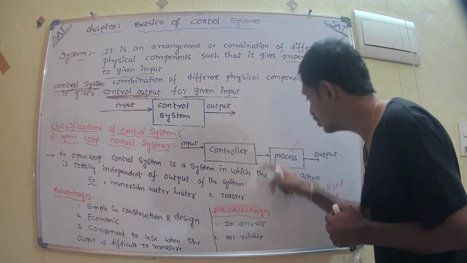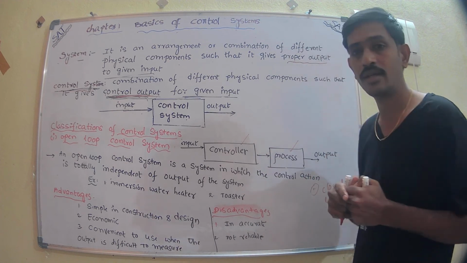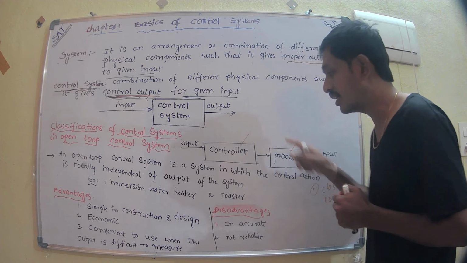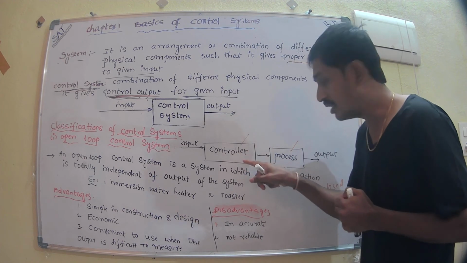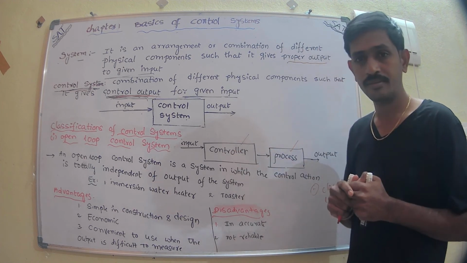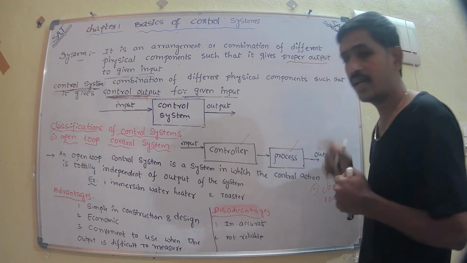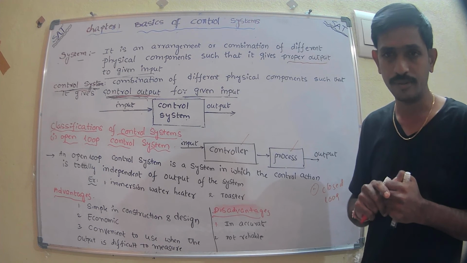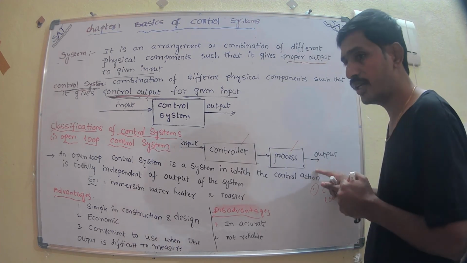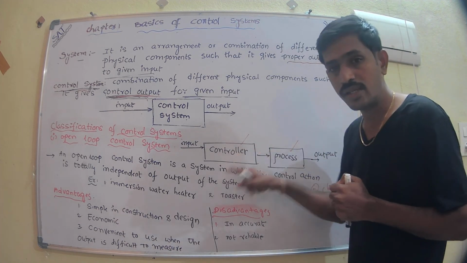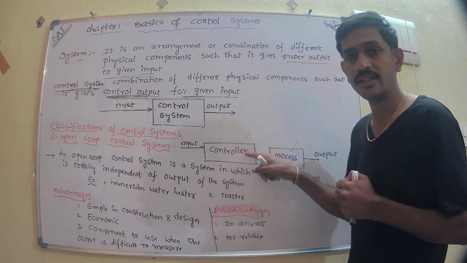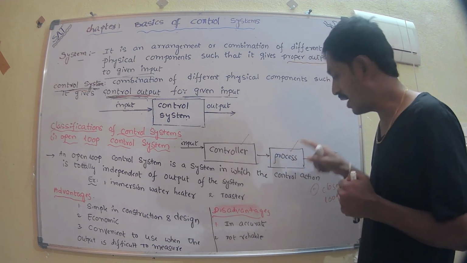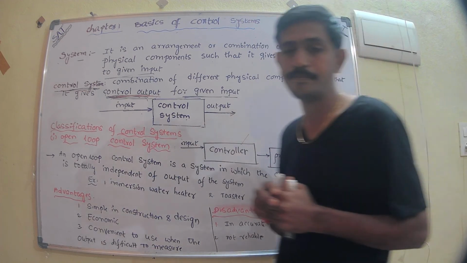And what is the purpose of the process here? The process processes the input given by the controller, and then it gives the required output. To get the required output, we control and activate the input signal that is given to the process, which processes the input and gives the output.